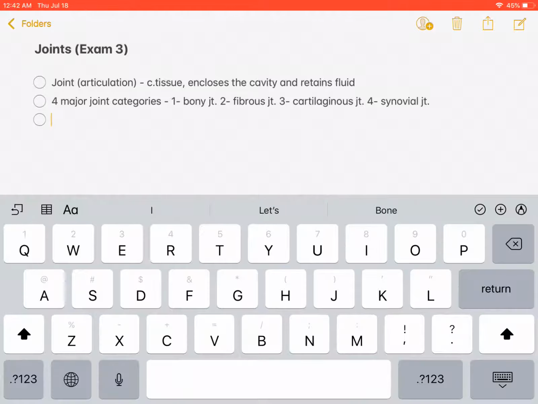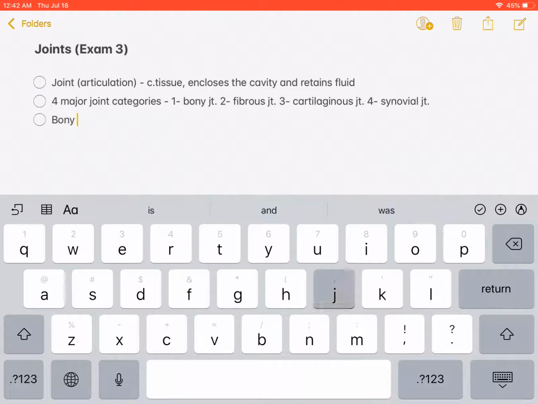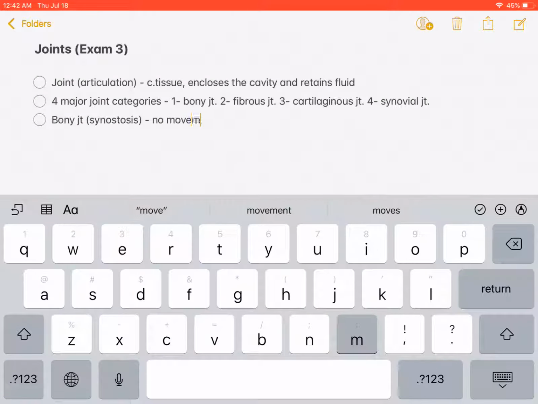Now we're going to talk about bony joint. A bony joint has a synonym, synostosis. There's no movement in a bony joint. Absolutely no movement.